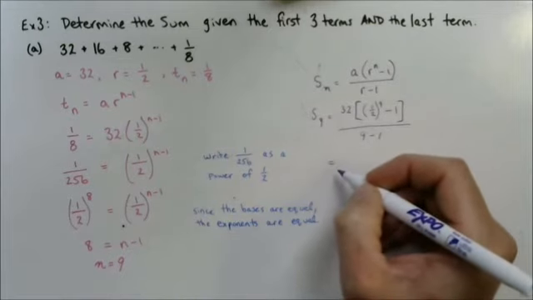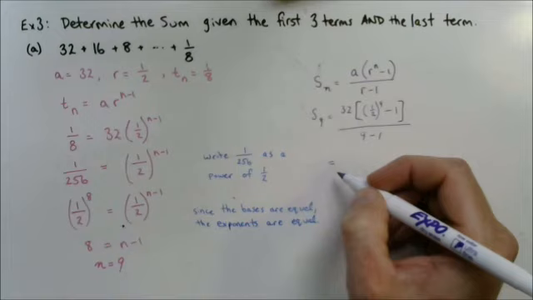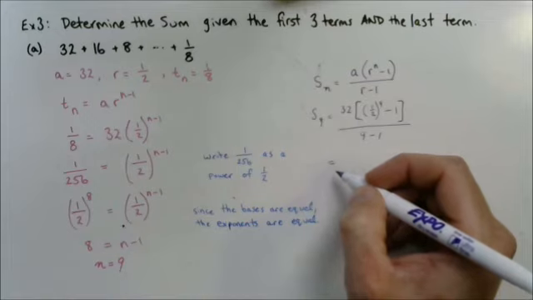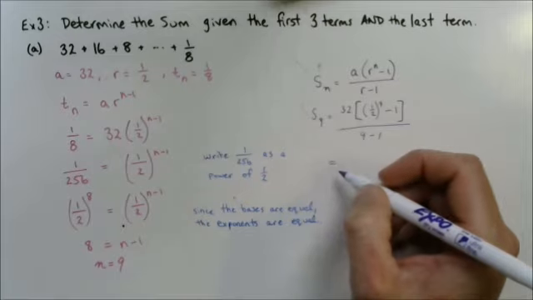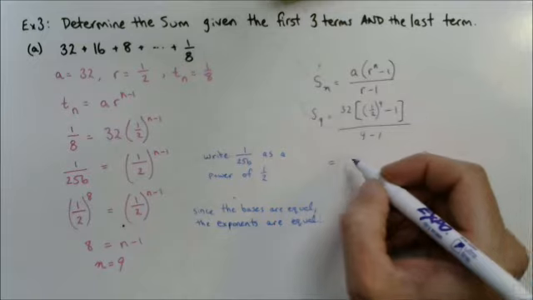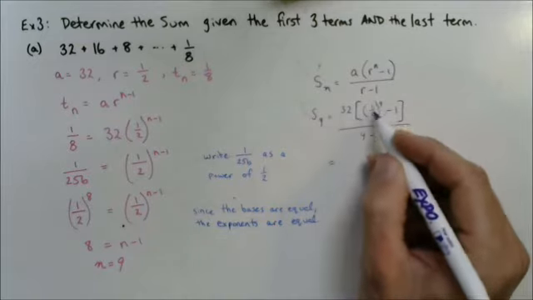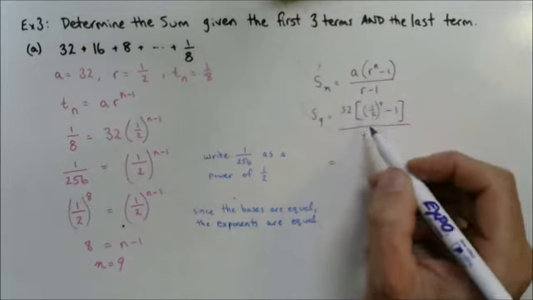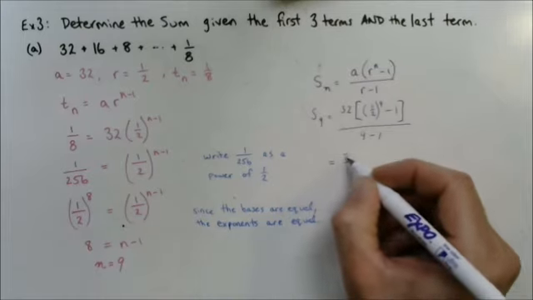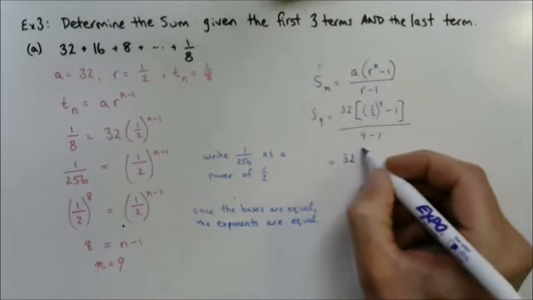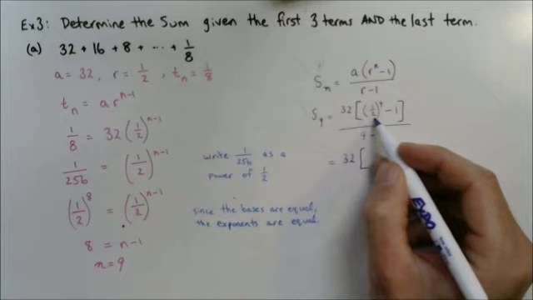All right, you can do this piece by piece. Inside the bracket, we're going to end up with 1/2 to the power of 9, which gets us 1 over 512. I'll do an extra step here just so you can see what happens inside this bracket.